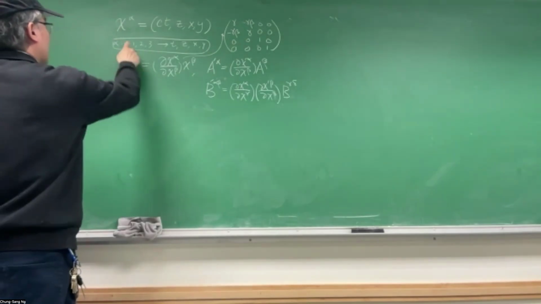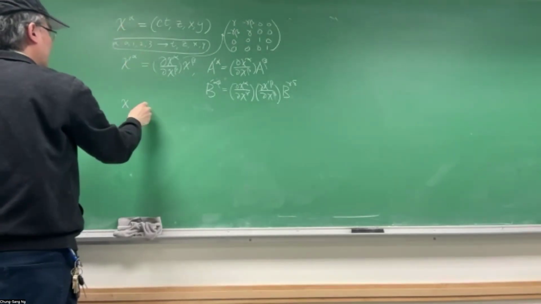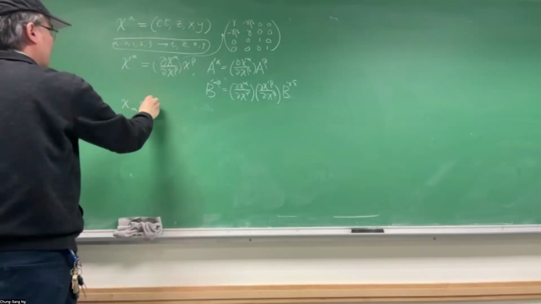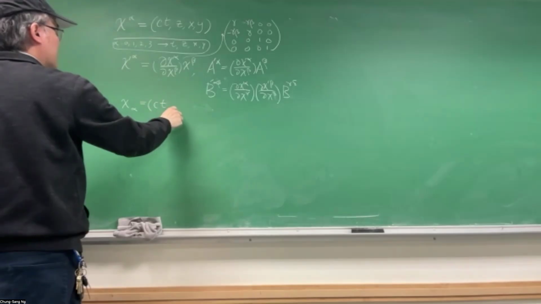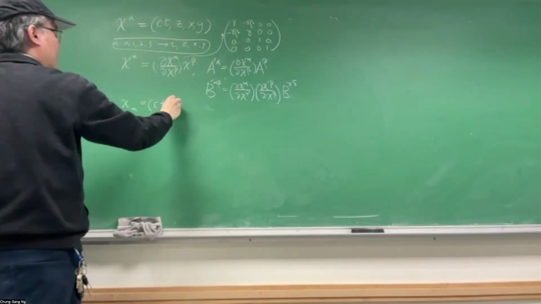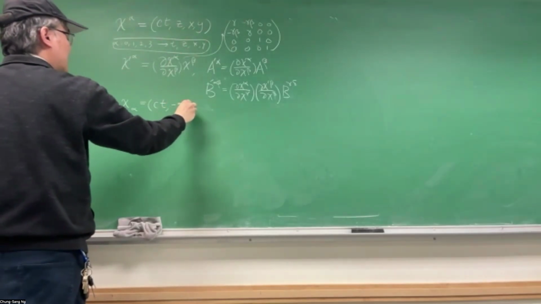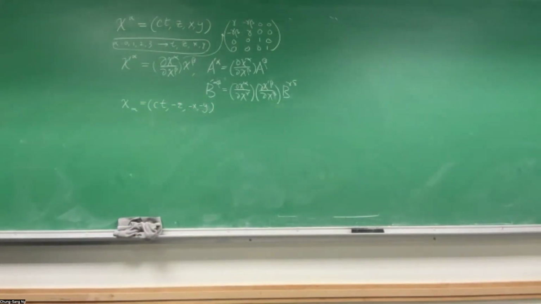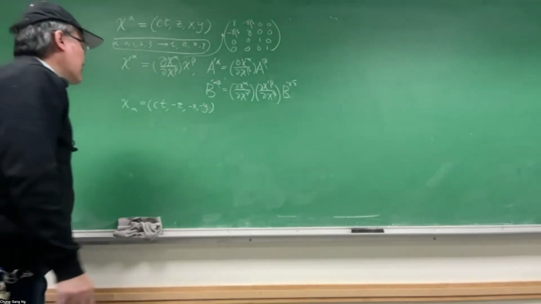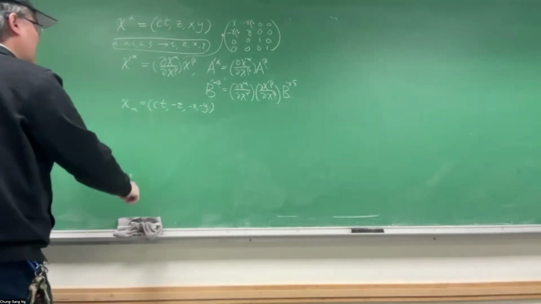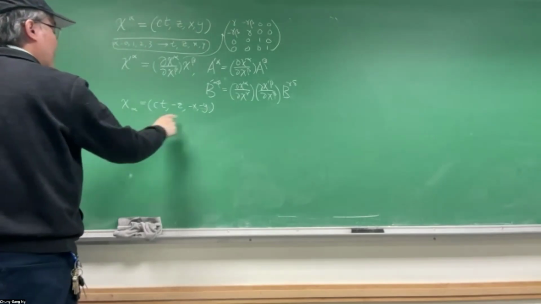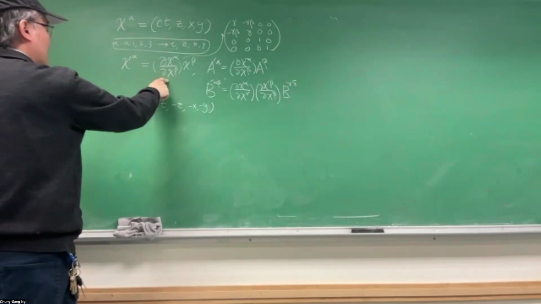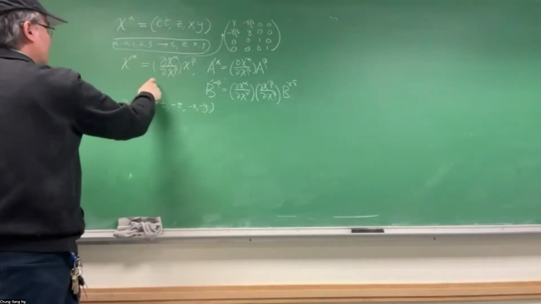For this space-time covariant four vector, it turns out that we just change the sign of the space part: ct, minus x. And this covariant four vector transforms differently, so it's not transformed this way. It actually transforms in an inverse way.